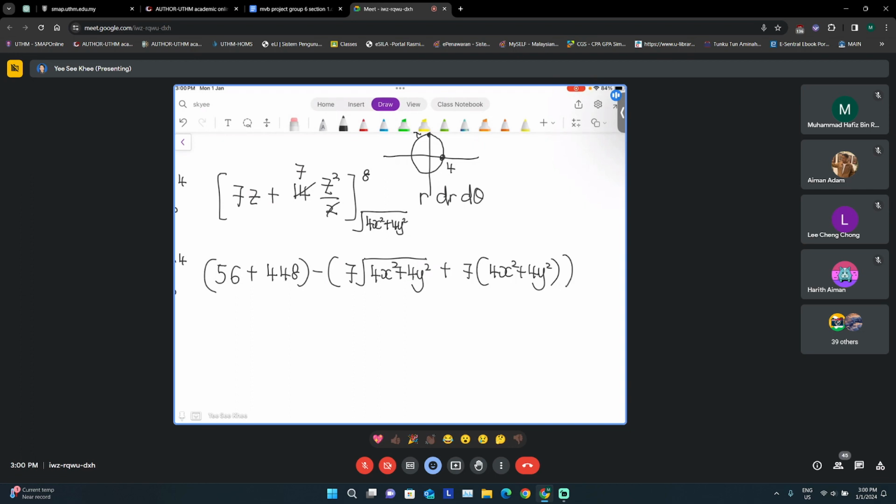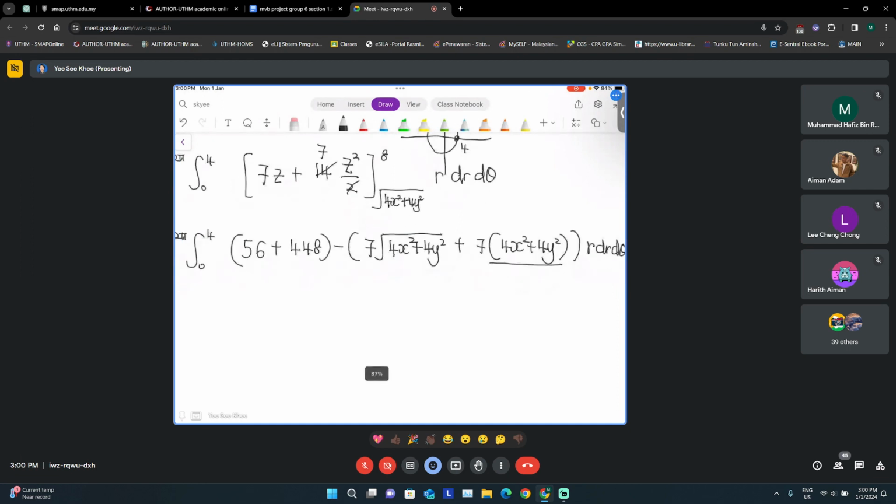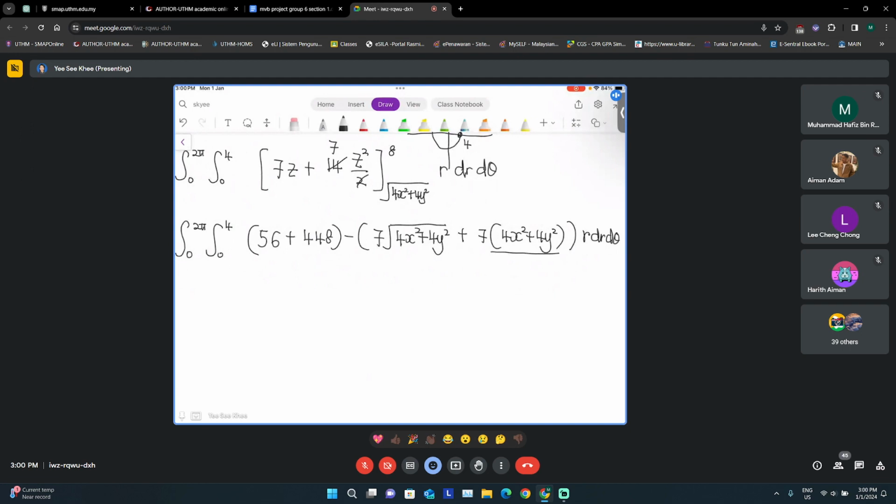Okay, so this part doesn't have the square root because you square it. So you have the r, dr, and d theta. Okay, so I think at this stage you should know what you have to do. Right, so you have to convert it into the r.